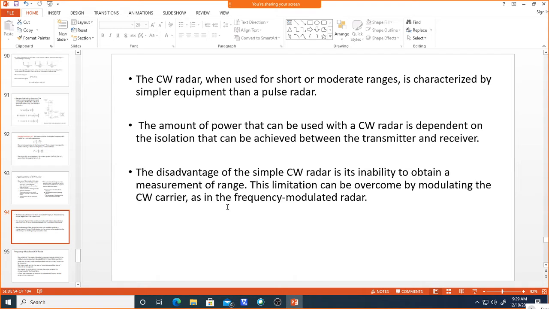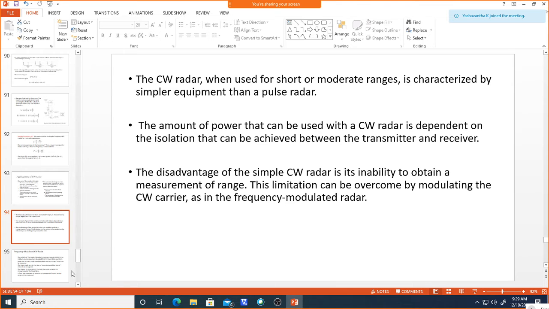One method we can use for improving the range is frequency modulated radar. We can use frequency modulation with the continuous wave carrier, transmit that signal, and achieve a good range.